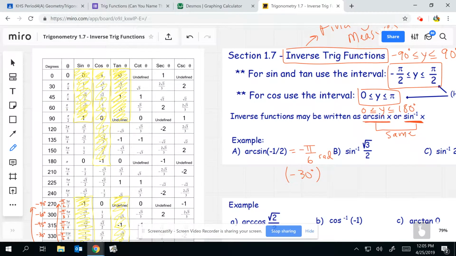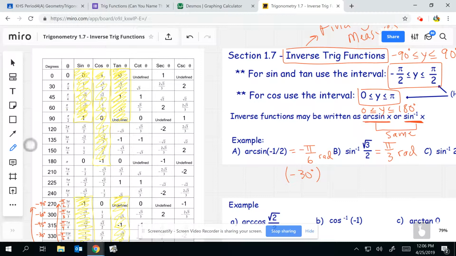Okay, I see one here, but that's not in my shaded area, so we're not wanting that one. The other one is right there. That would be at 60 degrees or pi over 3 radians. So we'll put pi over 3 radians. We'll stay in radians right now. Pi over 3 radians. If you had it, it could be 60 degrees.